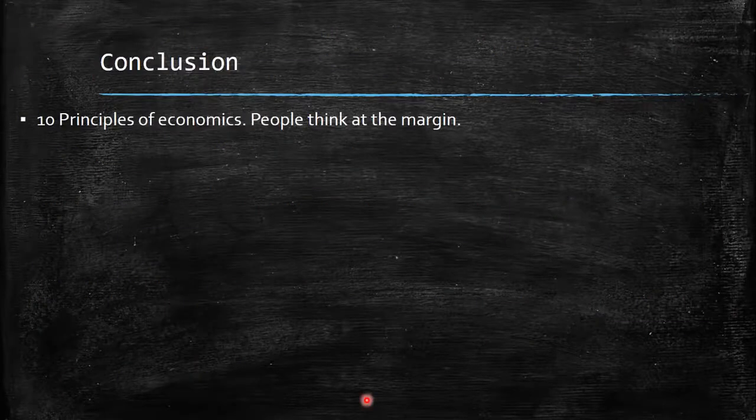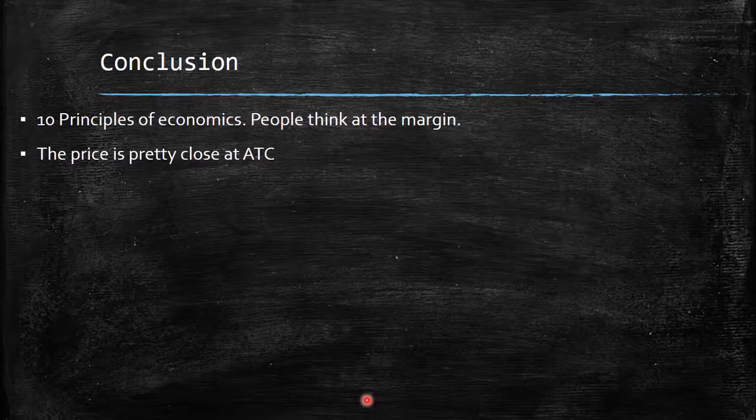Then, as a conclusion, we already saw something in our first video, the 10 principles of economics, how it's really important that people think at the margin. And what we understand here is that in a competitive market, the price is pretty close to average total cost. They're almost the same.